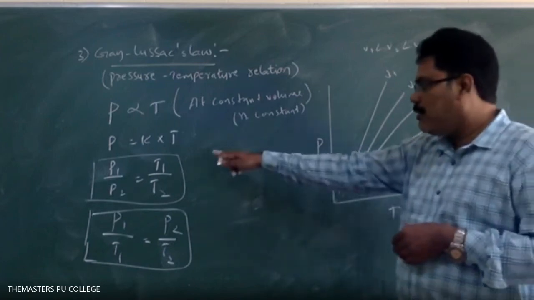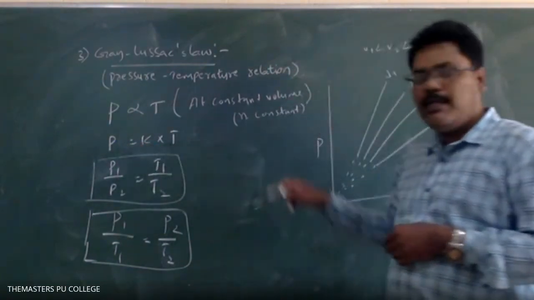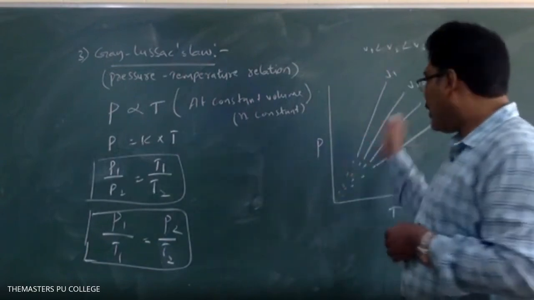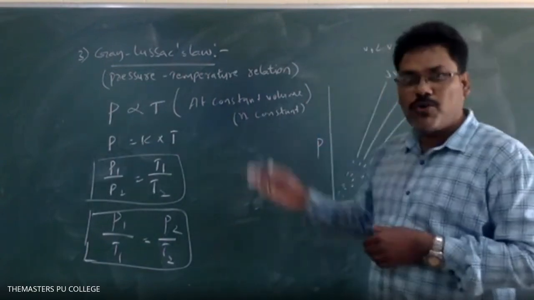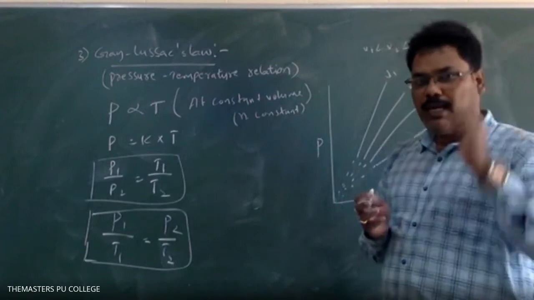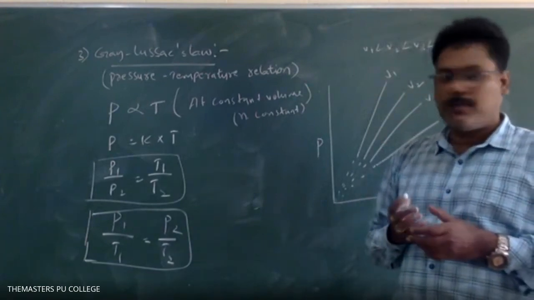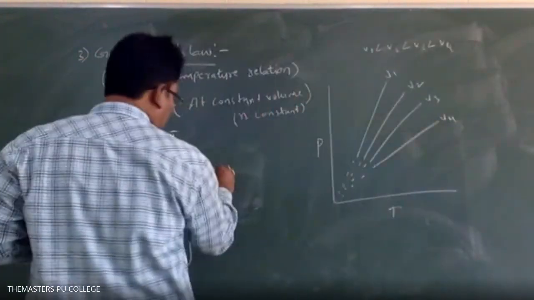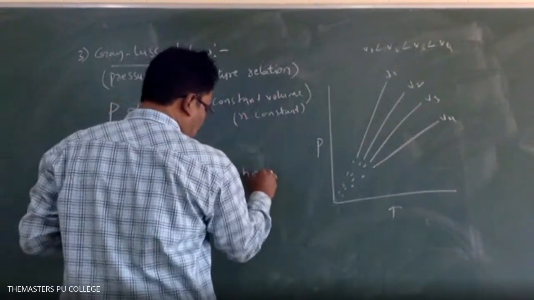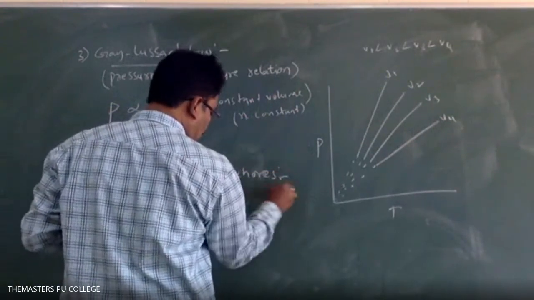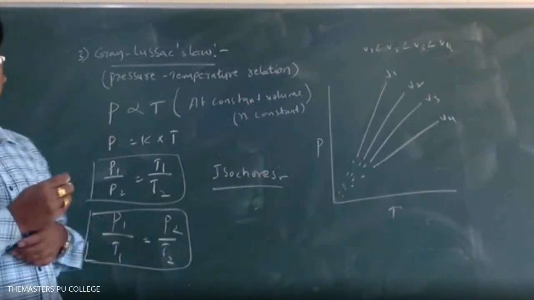Because of the straight line form y equal to mx, these are known as isochores.